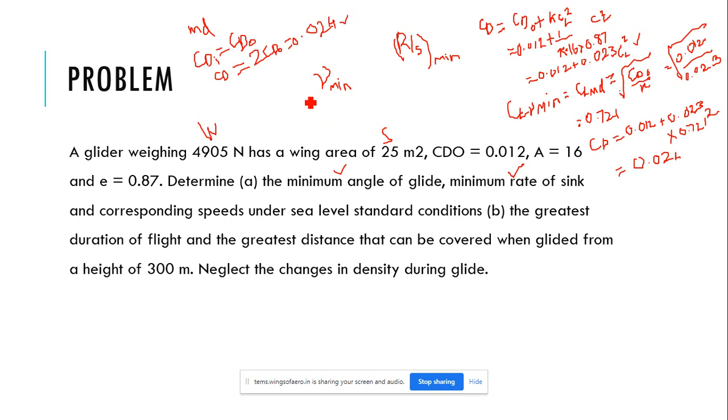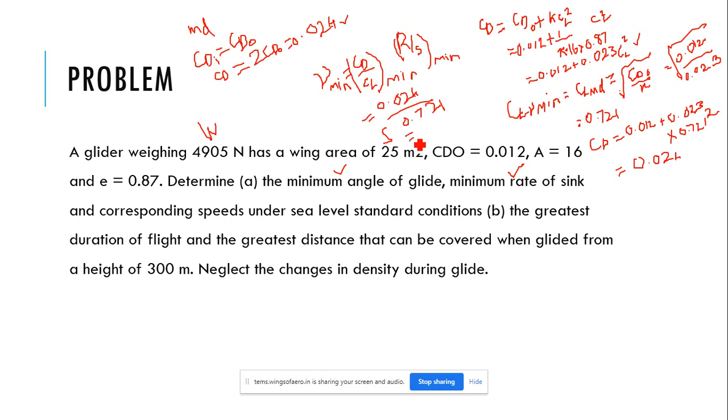Now we can substitute this to find the value for gamma minimum. Do you know the formula for gamma minimum is CD by CL minimum. So that is equal to, the value of CD is 0.024, so 0.024 divided by 0.721.